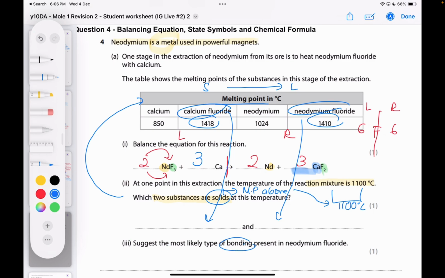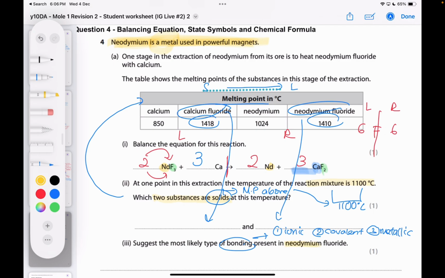Okay, so if you're in year 10, by year 10 you will have been introduced to 3 types of bonding: ionic, covalent, and metallic. So based on my first statement, do you still remember this? The starting statement here is this element neodymium is a metal.